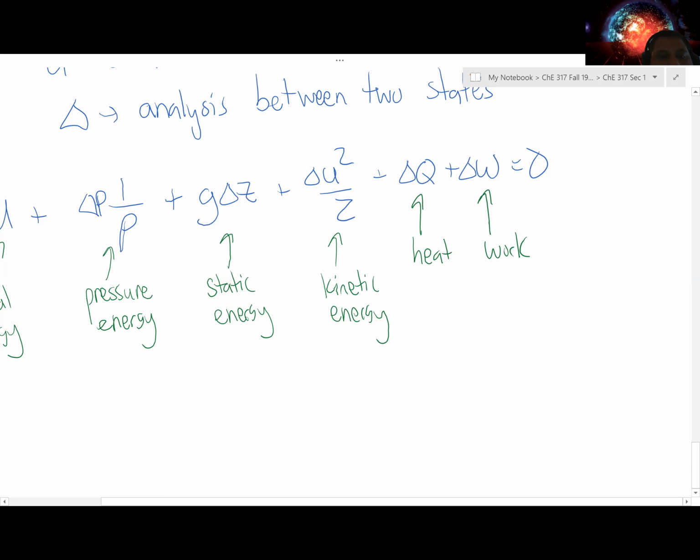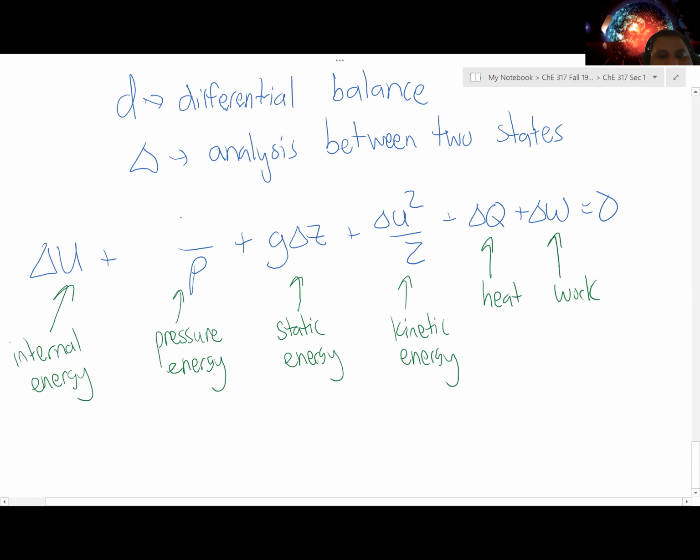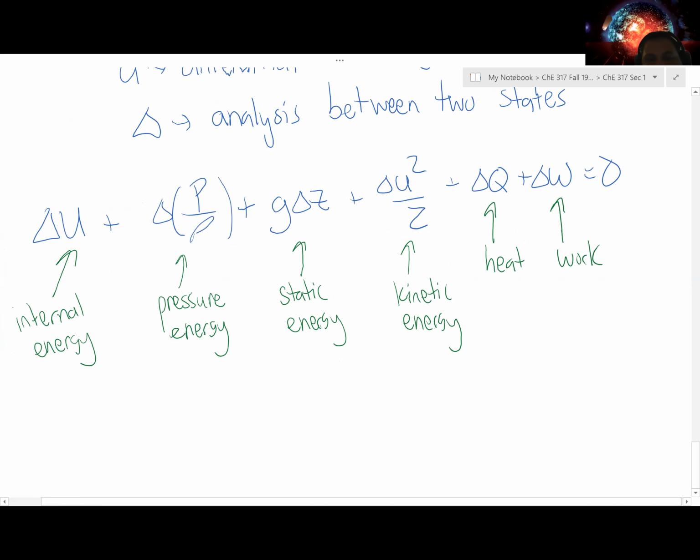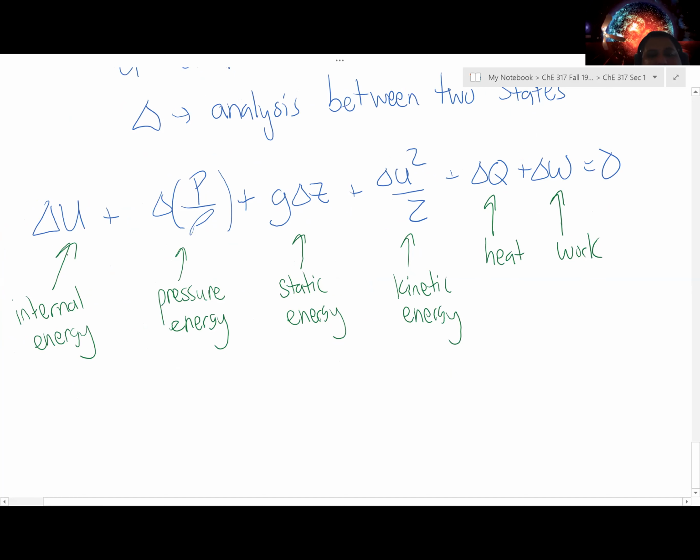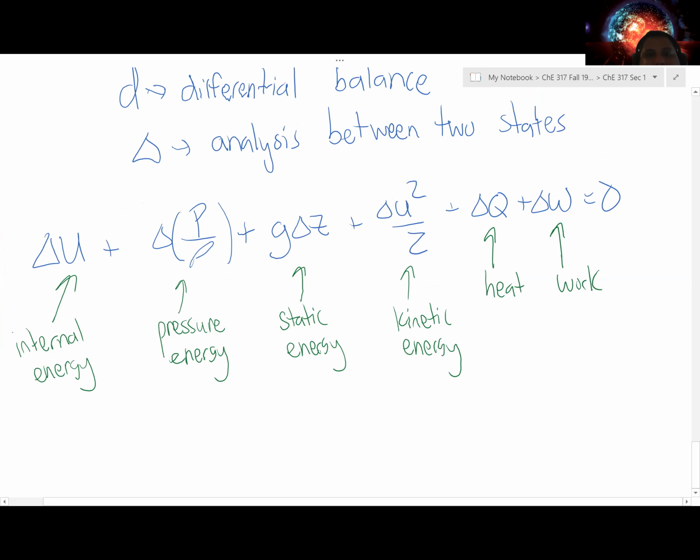One thing I should point out, this is actually a delta of P over rho, where the top P is pressure and the bottom is rho. So we have a delta over internal energy, pressure, static or potential energy, kinetic energy, heat, and work.